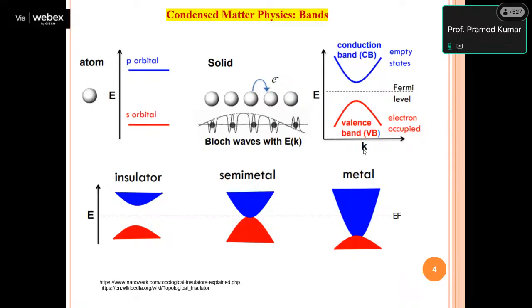Through this gap, we can decide whether the material is a metal, semiconductor, or insulator. But two-dimensional materials or topological quantum materials are totally different from these materials. I will explain that at the end, after explaining some fundamental properties.